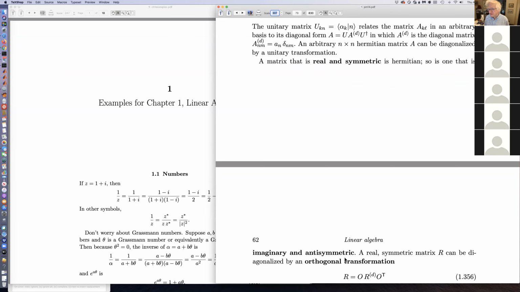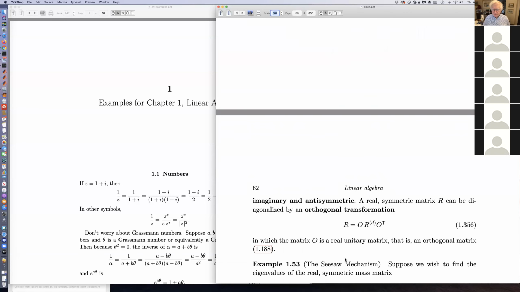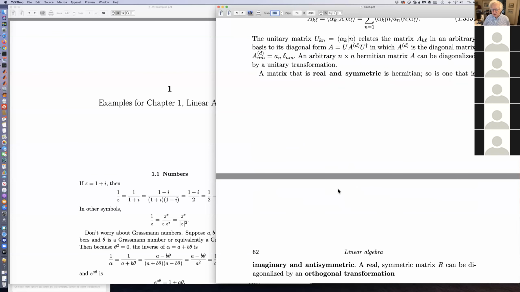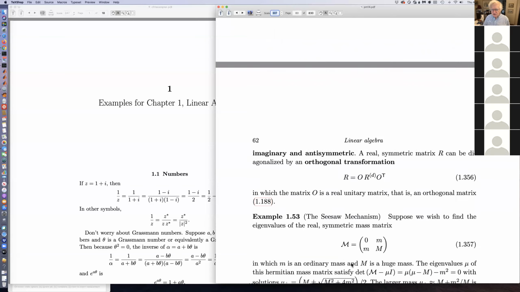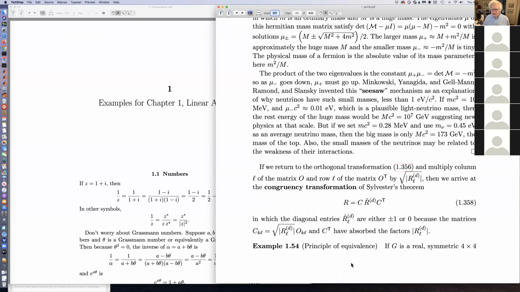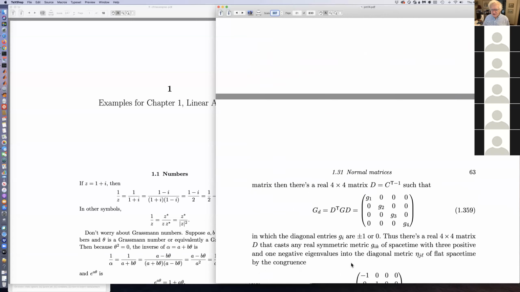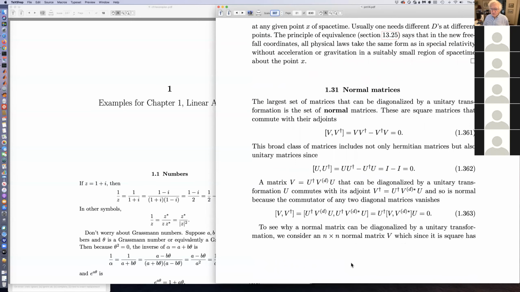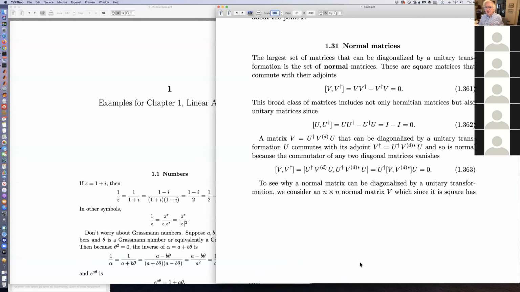You add them together, you have a complex matrix that's neither real nor imaginary, and neither symmetric nor anti-symmetric. So the space of Hermitian matrices is much larger than the space of real symmetric or imaginary anti-symmetric matrices. So I'm going to skip this example. In fact, I'm going to skip this example also because we do need to, well, we maybe can come back to it. I don't know.